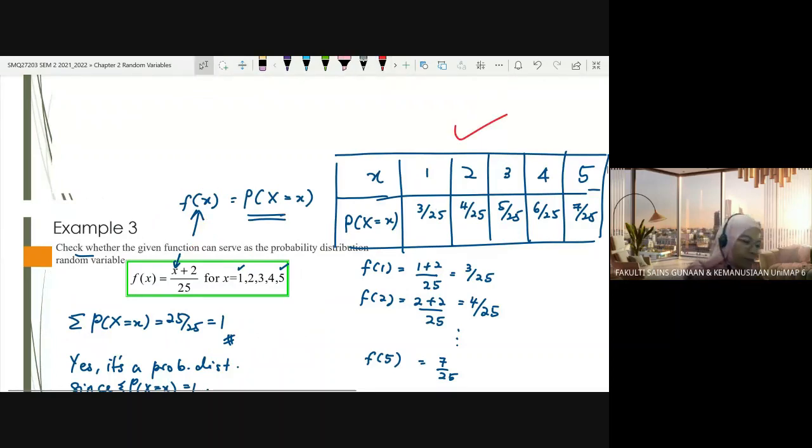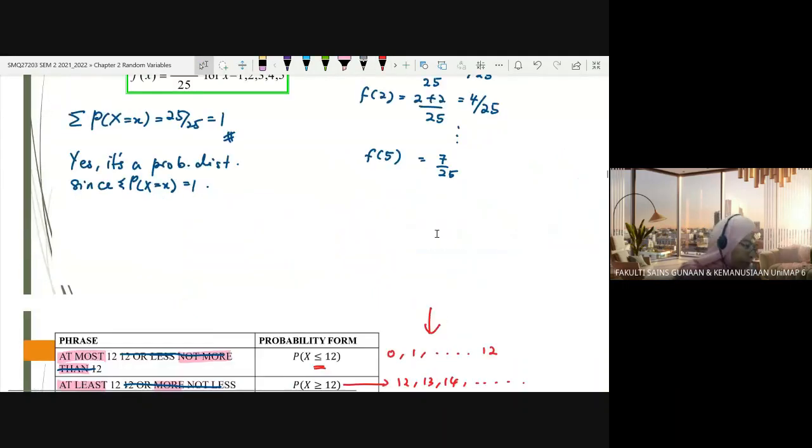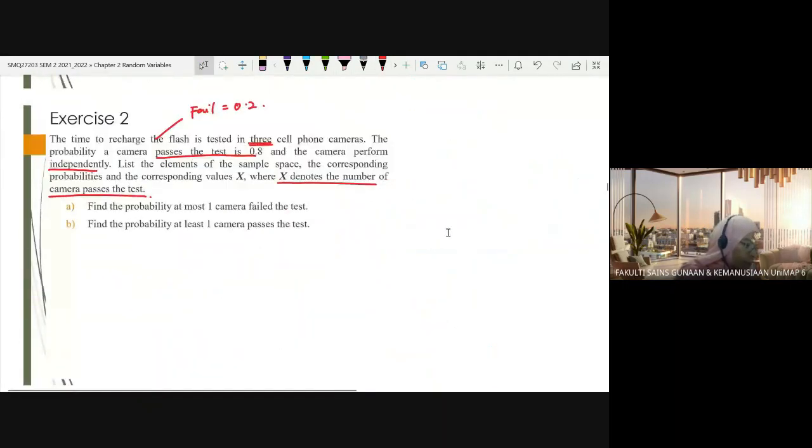You know the pass probability is 0.8 and the fail is 0.2, and you have 3 cell phones. Can you draw your tree diagram, class?